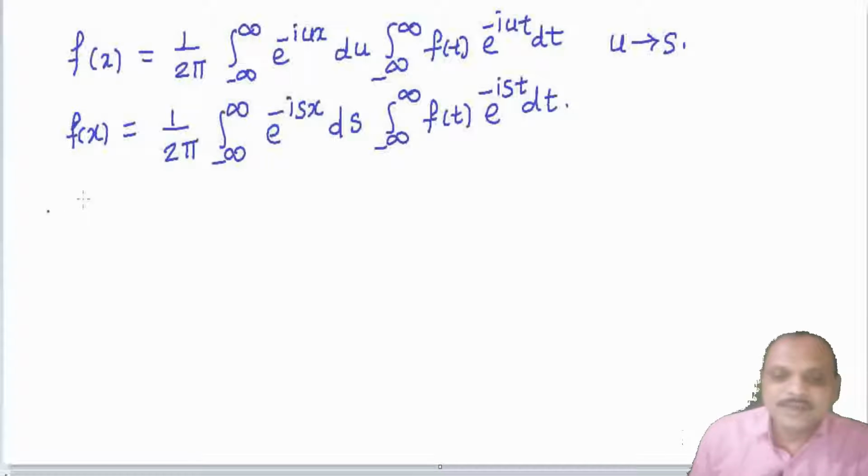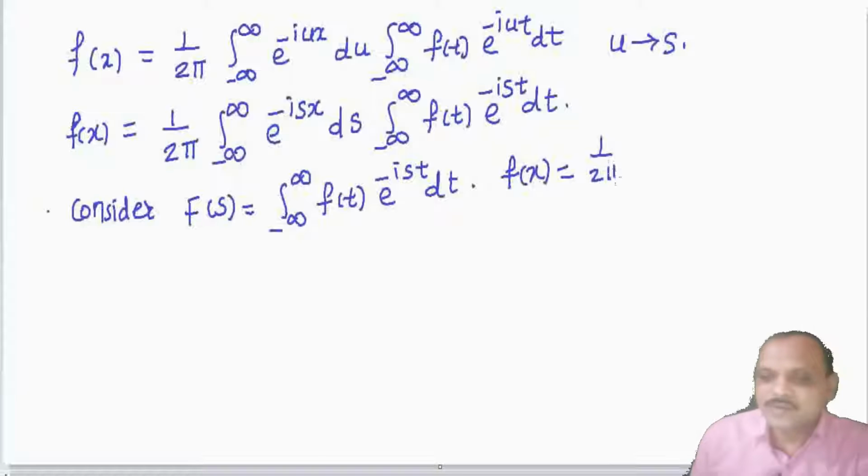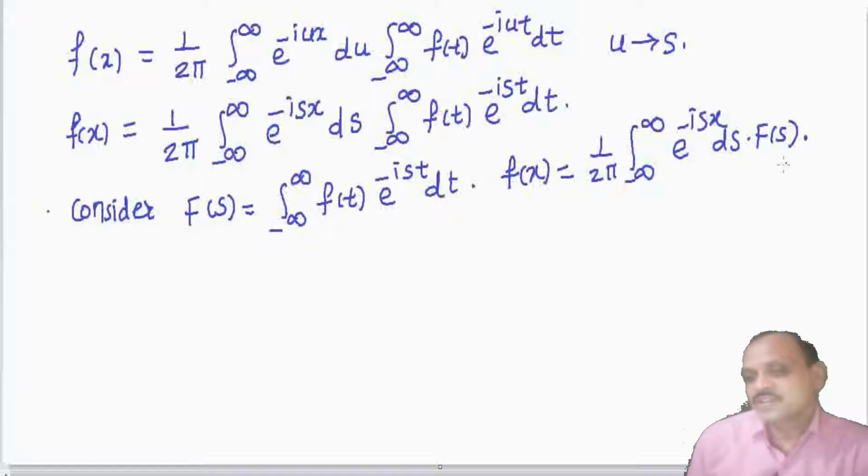Now if we consider the second integral as F of s equal to integration minus infinity to plus infinity f of t into e raised to minus i s t into dt, then you can see that this f of x will be 1 divided by 2 pi integration minus infinity to plus infinity e raised to minus i s x into ds into F of s.